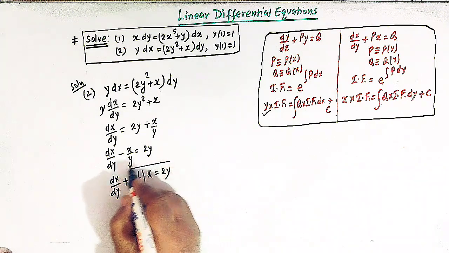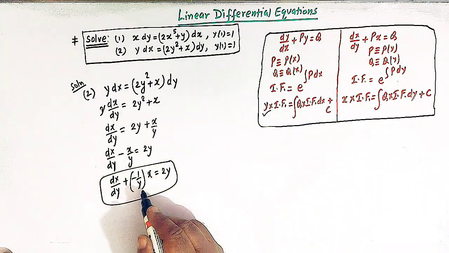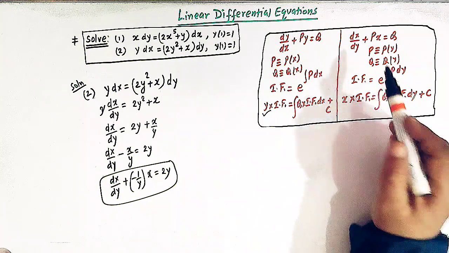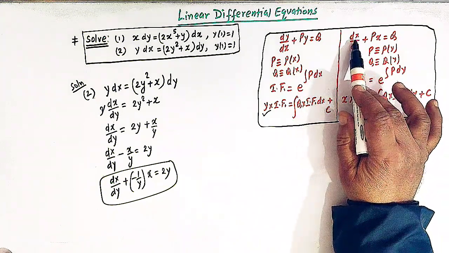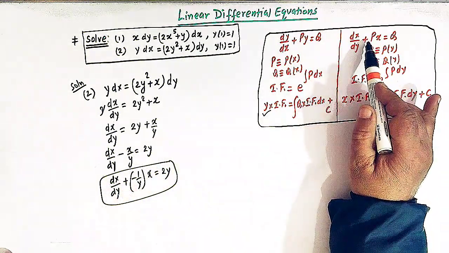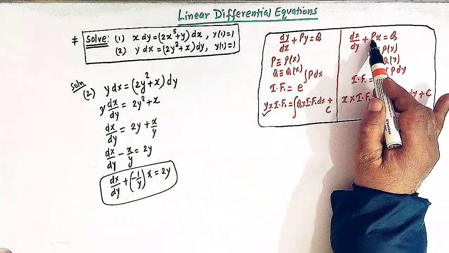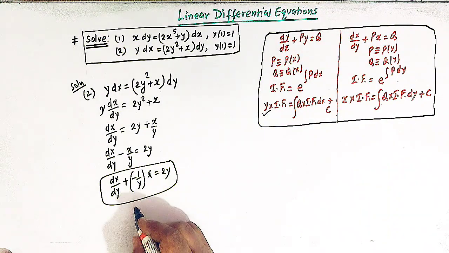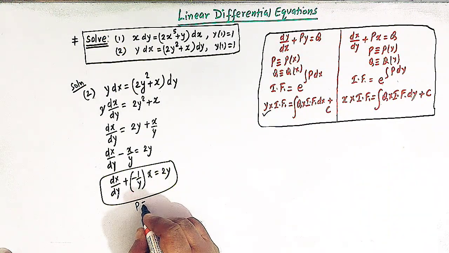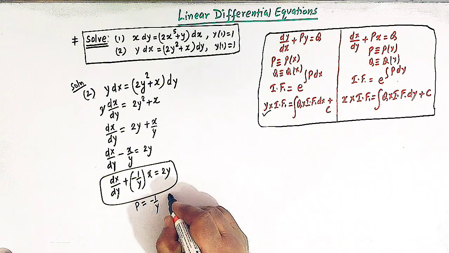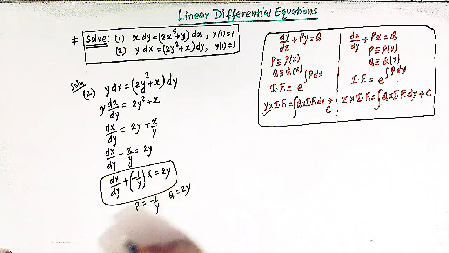Now we can easily see that this differential equation resembles this one, that is dx over dy plus Px is equal to Q, and we can see that P is minus 1 over y, Q is 2y, and P and Q both are functions of y.